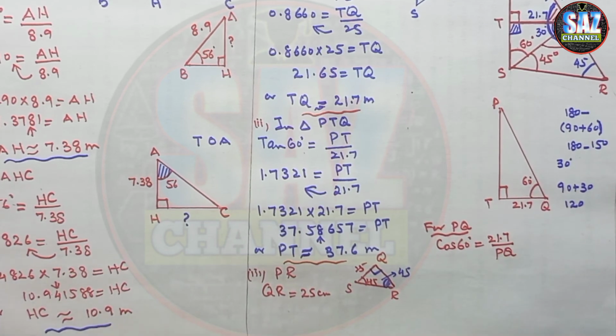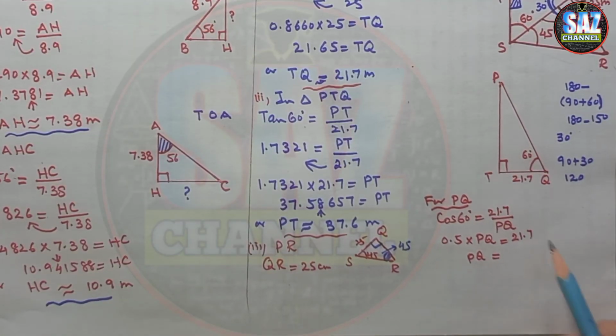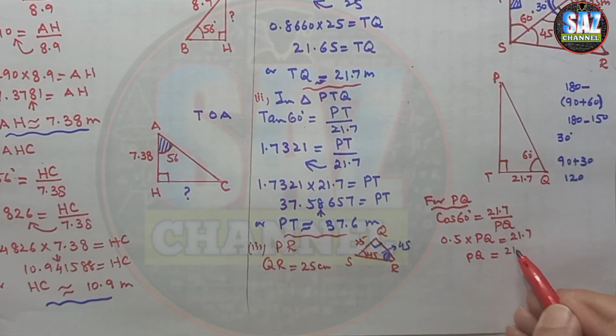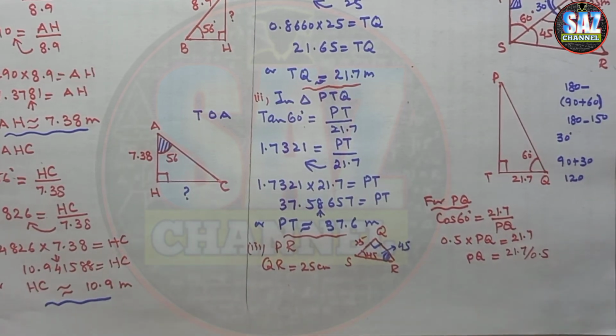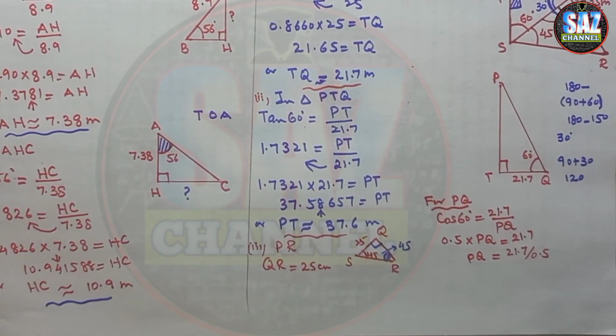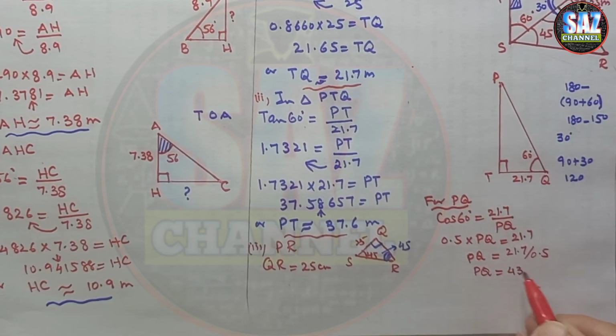Now cos 60 degrees is 0.5, so 0.5 multiplied by PQ equals 21.7, or PQ equals 21.7 upon 0.5. I have to actually multiply this by 2. So PQ equals 43.4 meters.